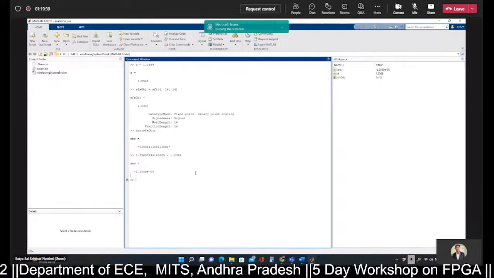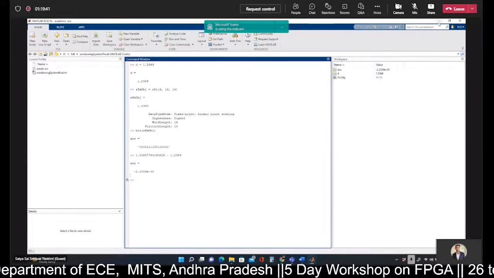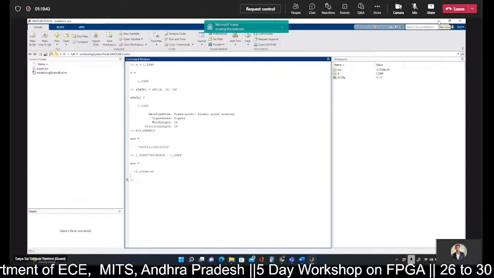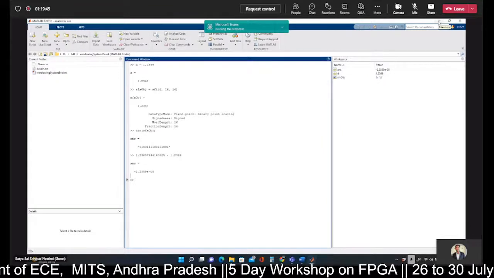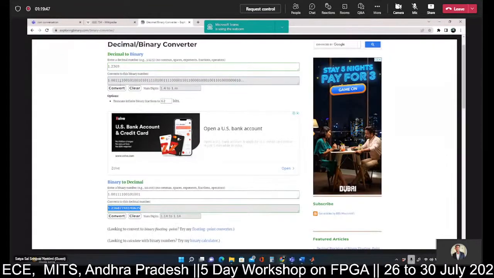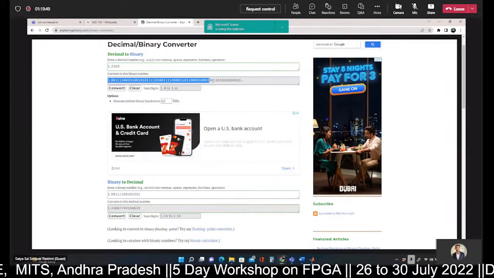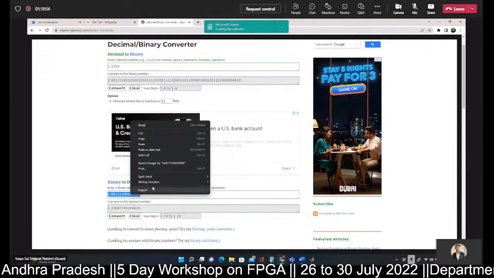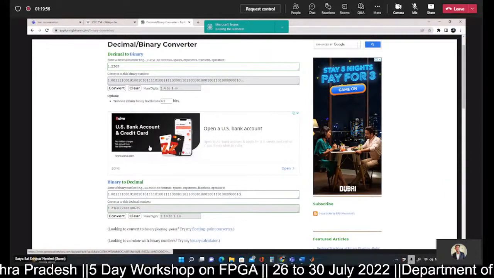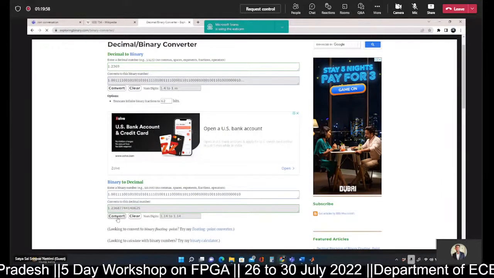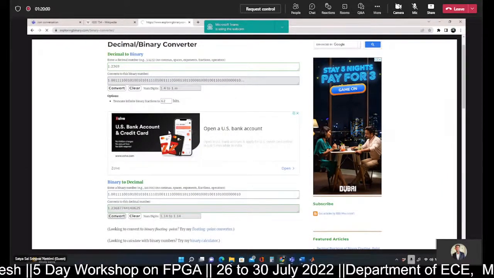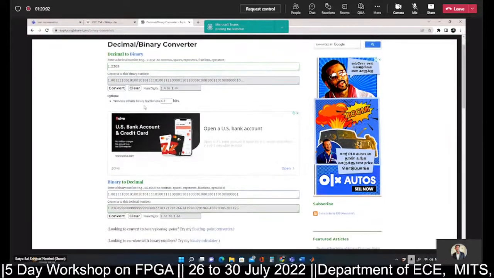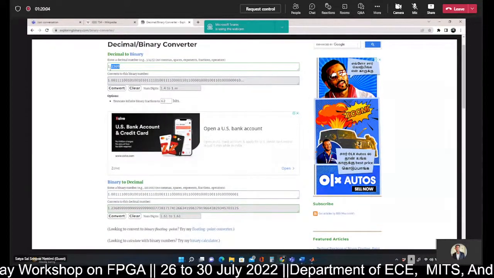So this is how the fixed point representation looks. This is one example to show how the fixed point notation is generally used. Say, if you take all this infinite number of bits and try to convert into decimal, you still won't be able to reach your actual representation.